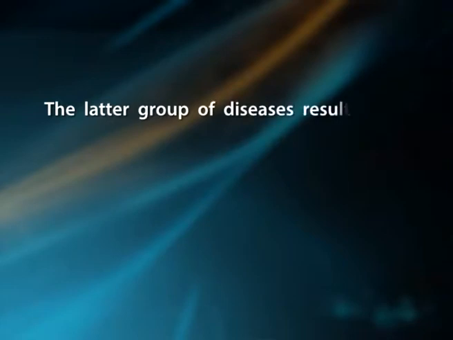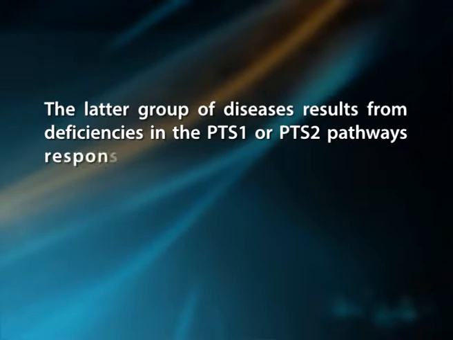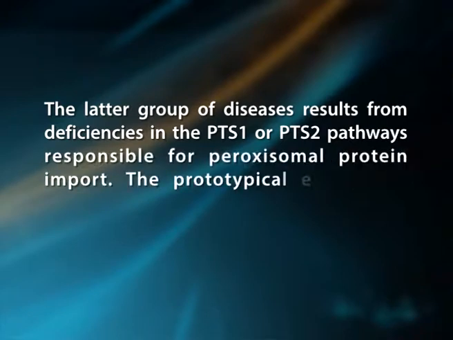However, in other diseases resulting from defects in peroxisome function, multiple peroxisomal enzymes fail to be imported to peroxisomes, instead being localized in the cytosol. The latter group of diseases results from deficiencies in the PTS1 or PTS2 pathways responsible for peroxisomal protein import.